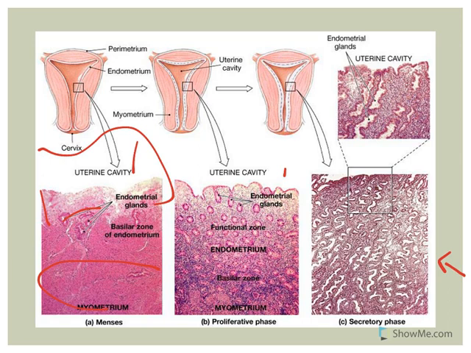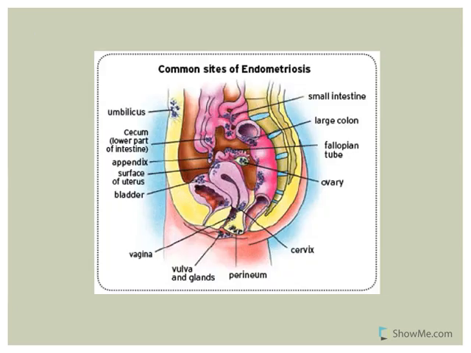Now, there are some women that have endometrial tissue in places where it's not supposed to be, and they have what we refer to as endometriosis. And notice it can be in a lot of very interesting places: in the intestine, in the colon, in the bladder, places where it's not supposed to be.